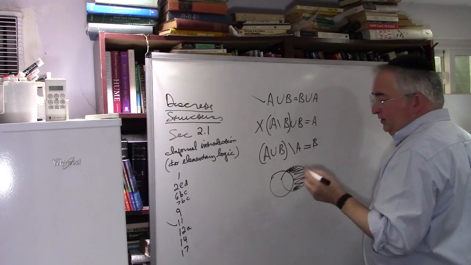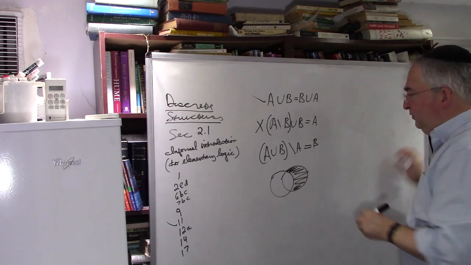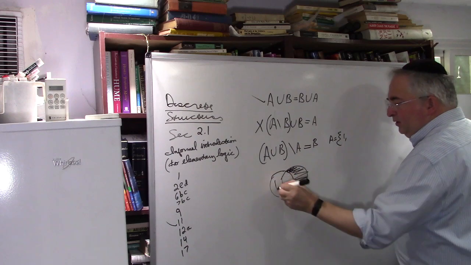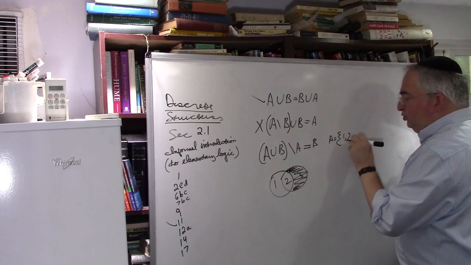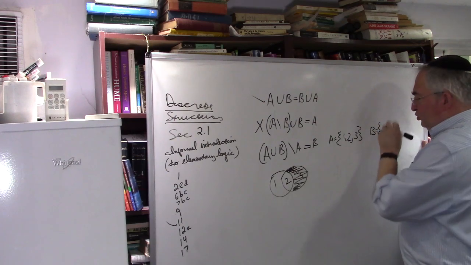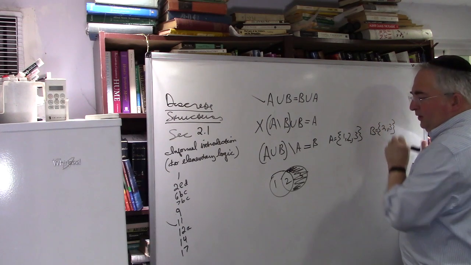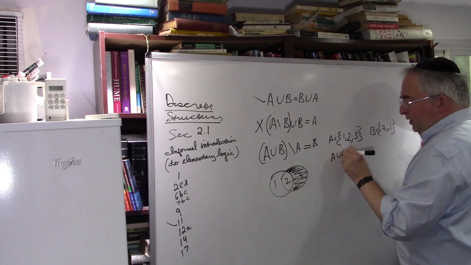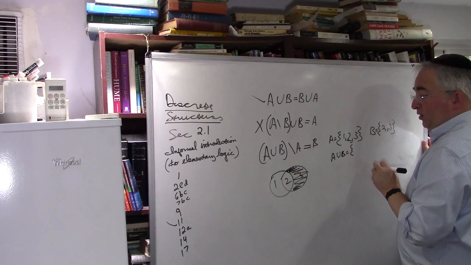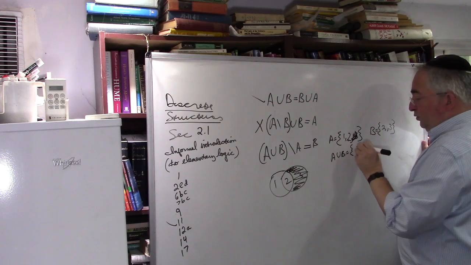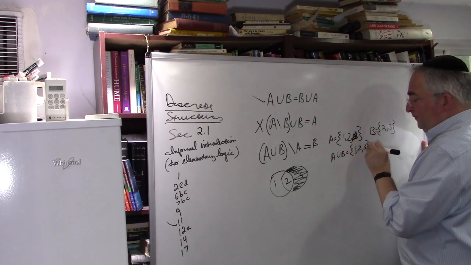No, it's not. The same counterexample will work. A is equal to 1, 2. B is equal to 2 and 3. Now, A union B is equal to 1, 2, and 3.